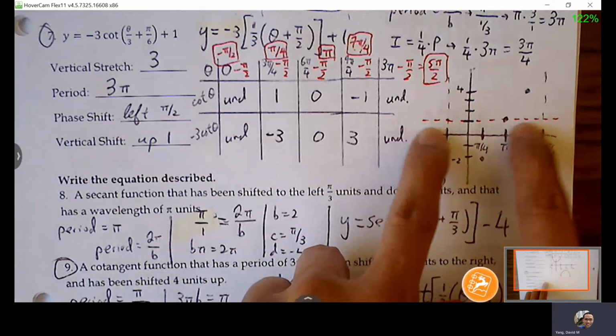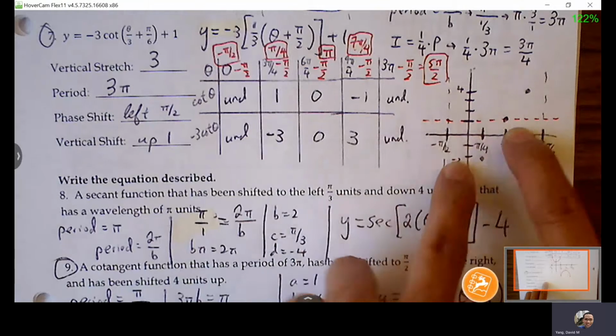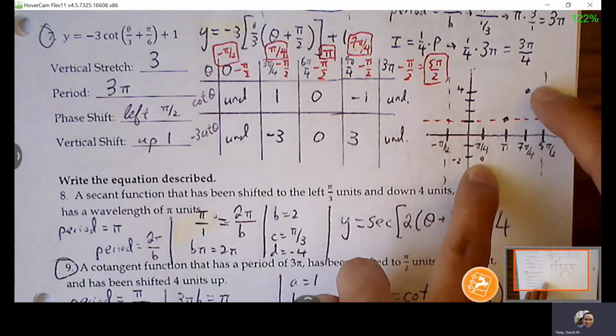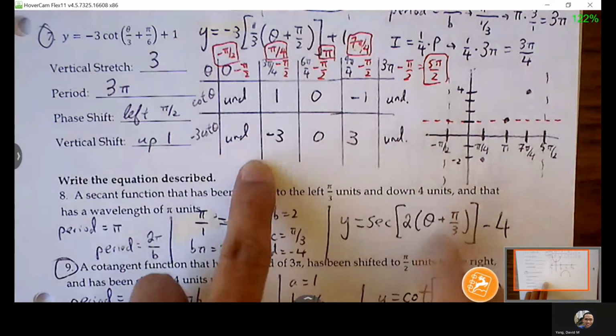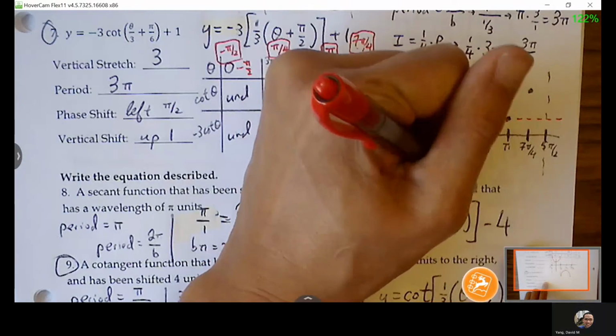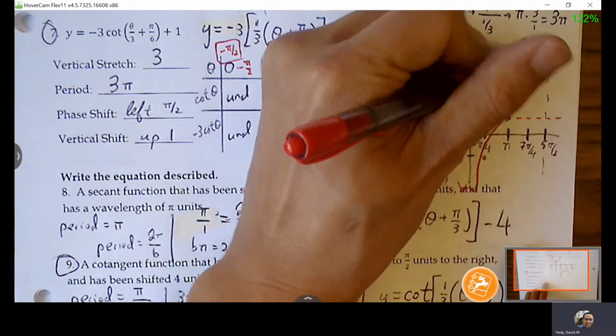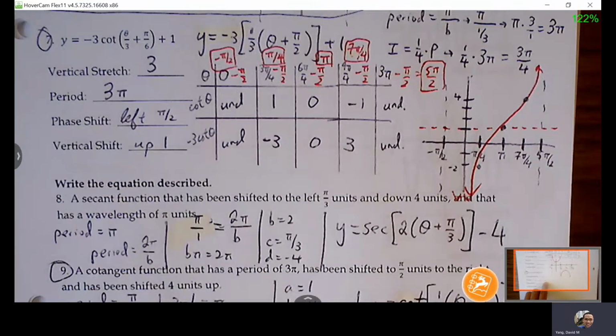Okay, so we have our D value. We shift up 3 and down 3. And then we have our graph. It looks like a tangent graph, but it's actually cotangent because of the reflection.